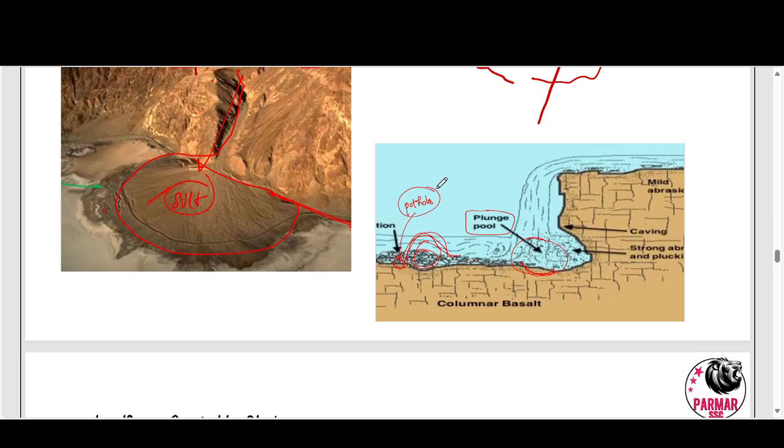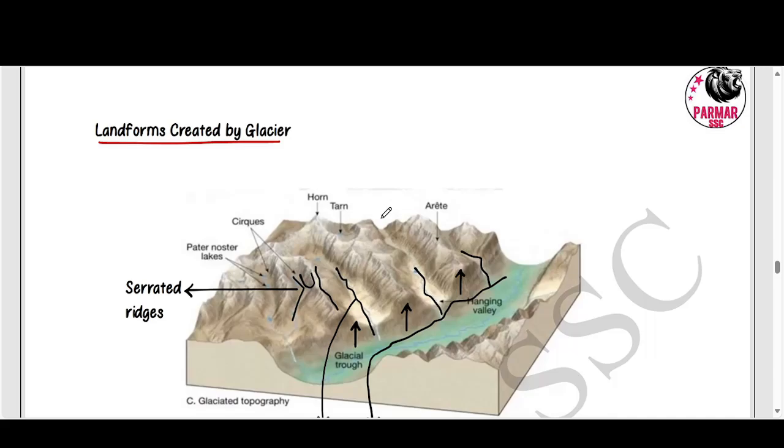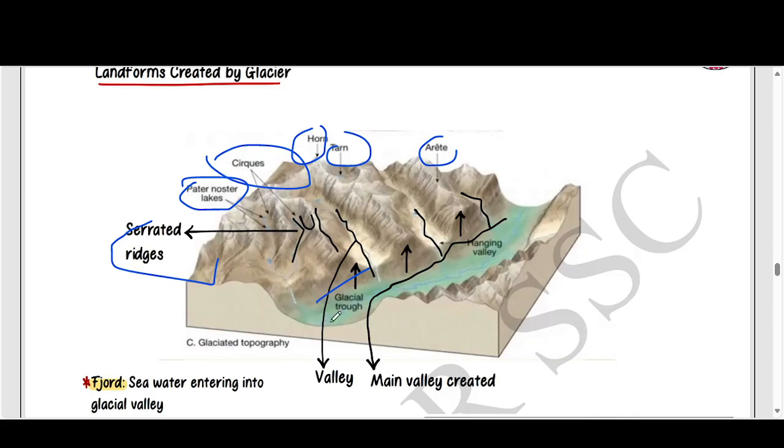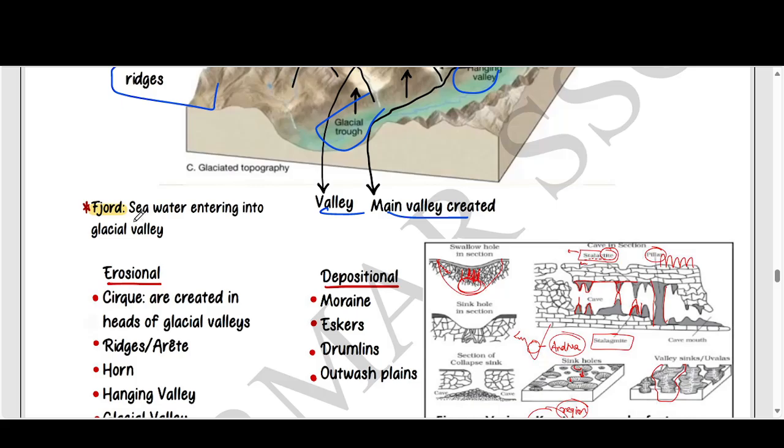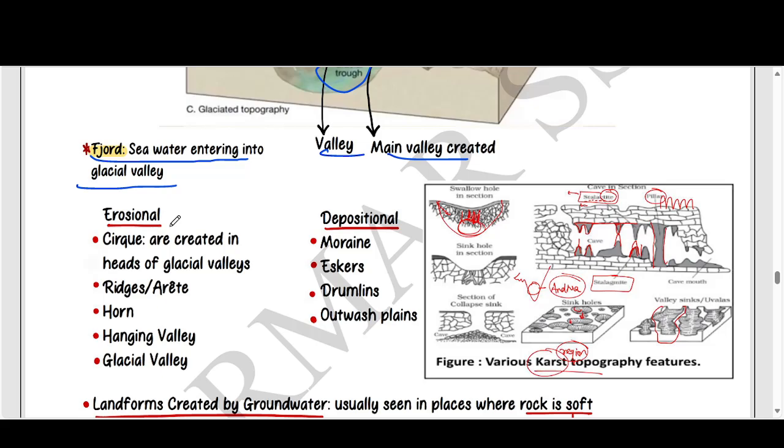Landforms created by glaciers: cirque, arete, horn, finger lakes, ridges, glacier trough, hanging valley. A fjord is a sea where water enters into a glacial valley.